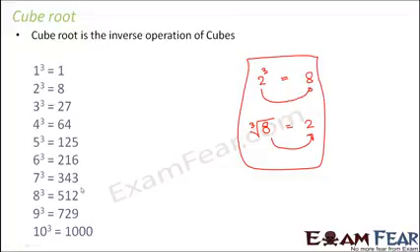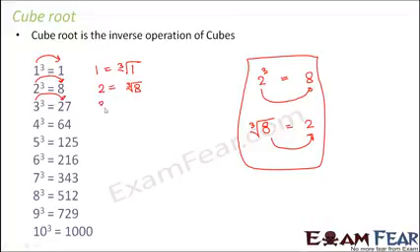When you look at these, you see that whenever you want to get 1 from 1, you cube it. You want to get 8 from 2, you cube 2. You want to get 27 from 3, you cube 3. So their inverse function would be somewhat like this. You want to get 1 from 1, you take the cube root of 1. You want to get 2 from 8, so you take the cube root of 8.